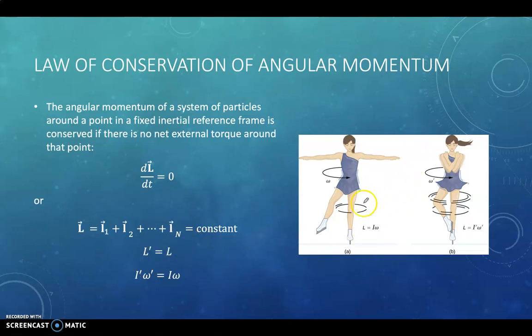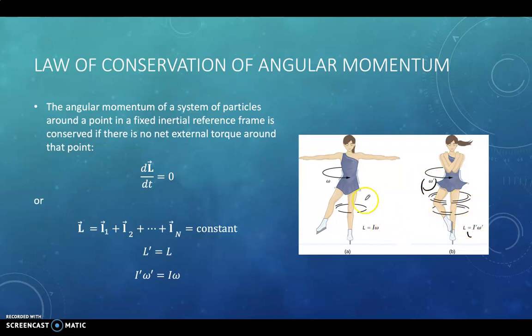Okay, so take this figure skater for example. She has some angular momentum as she has her hands out and her leg out here. Now when she pulls these limbs into her body, she still has the same angular momentum, but now she'll have a different angular velocity and inertia.